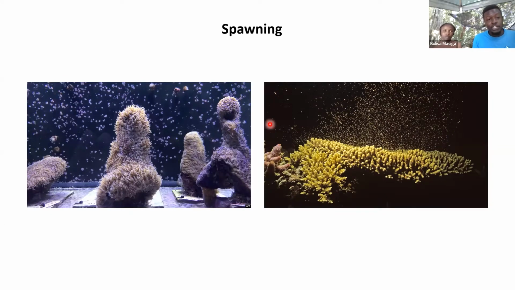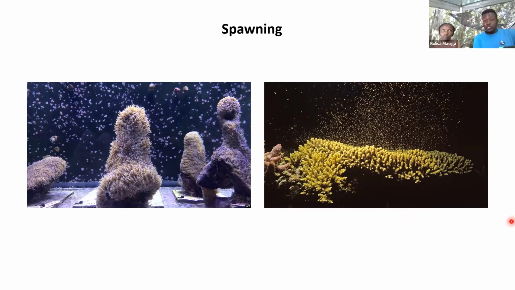If we look at our screen here, we see two images. One image is coral fragments or colonies that are being grown in a controlled environment, and you can see as they spawn, they release the eggs and sperm into that water column. On the right, we have a coral colony that's in a more natural environment, and once again, we see eggs and sperm released into that water column.